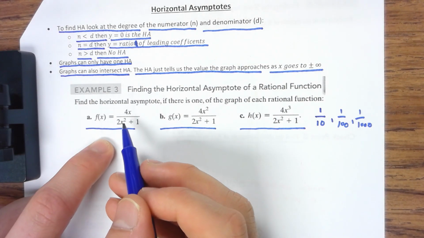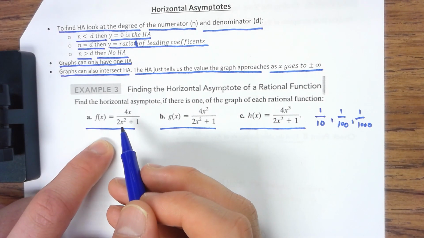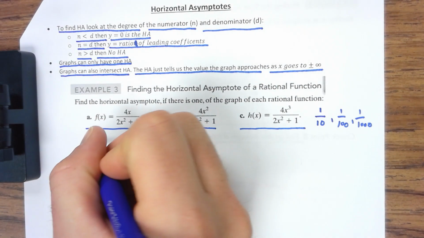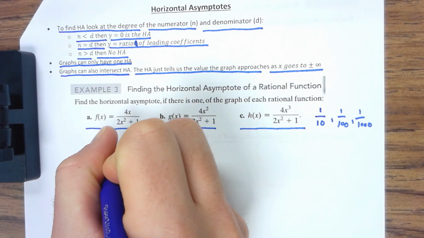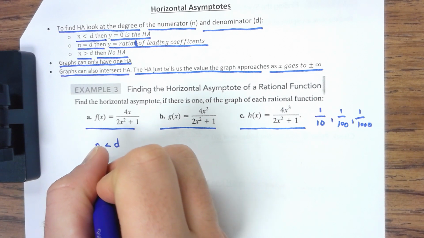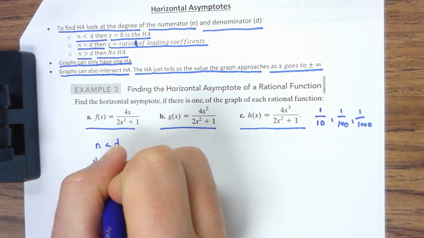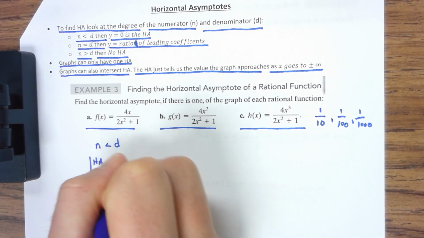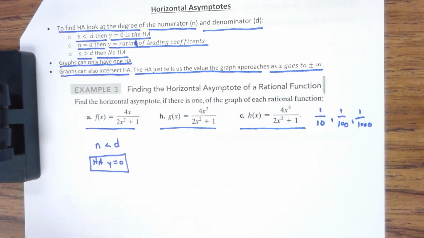So I know that in this case, my horizontal asymptote is going to be at y equals 0. Based on the rule, the degree of the numerator is less than the denominator, so that's another way to just confirm it. Okay, so our horizontal asymptote is at y equals 0. And again, it's because the denominator is going to grow much quicker than the numerator will as we plug in larger values for x. And so that's how I approach these.